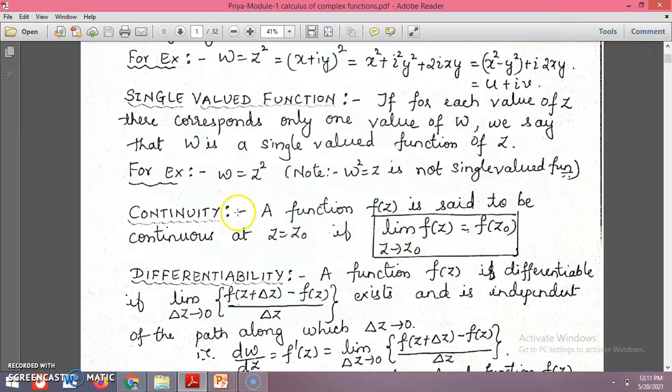There is no break at all in that domain, and that we call a continuous function. What do you mean by differentiability?